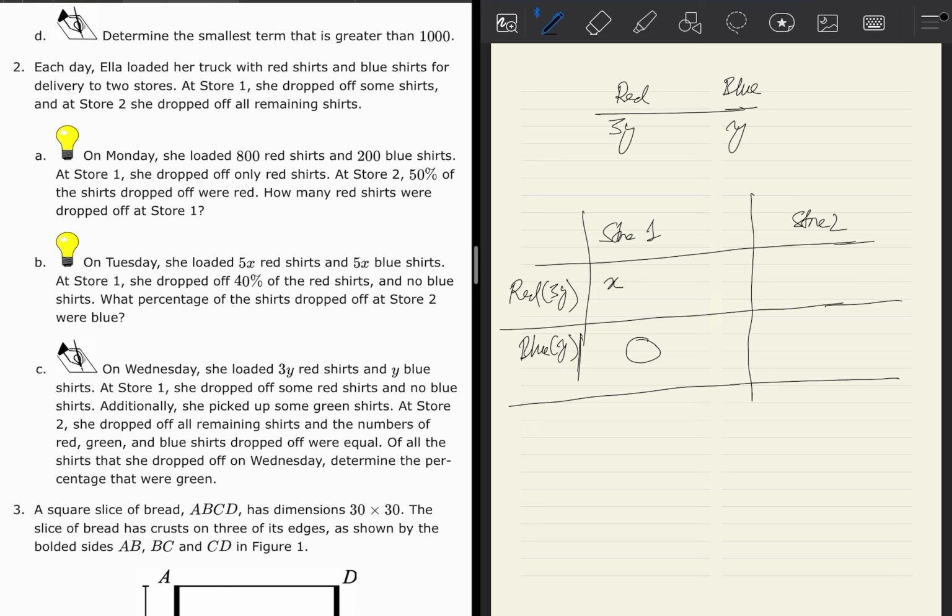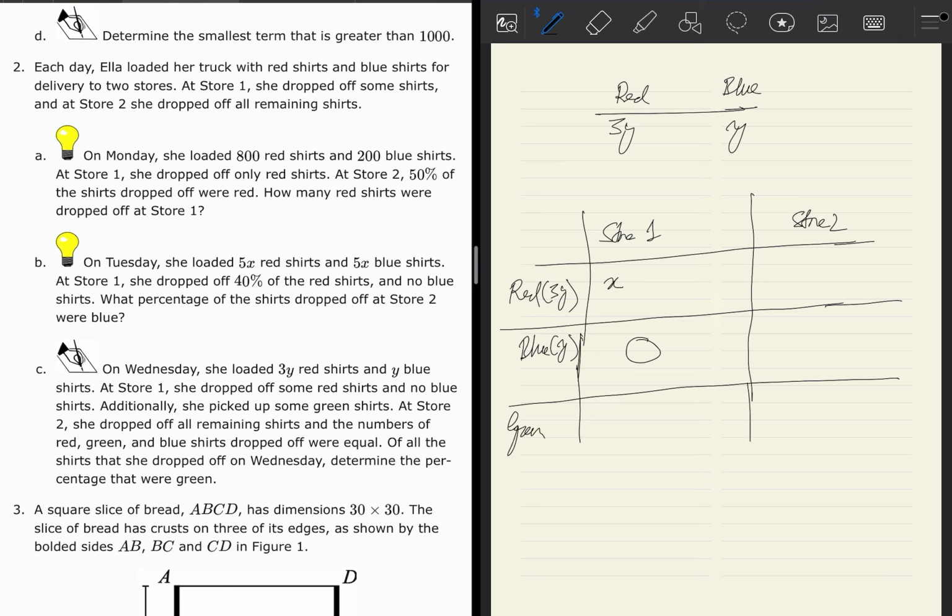Additionally, she picked up some green shirts. At store 2 she dropped off all remaining shirts, and the number of red, green and blue shirts dropped off are equal. Okay, so here a new color of shirt comes into the picture, green.